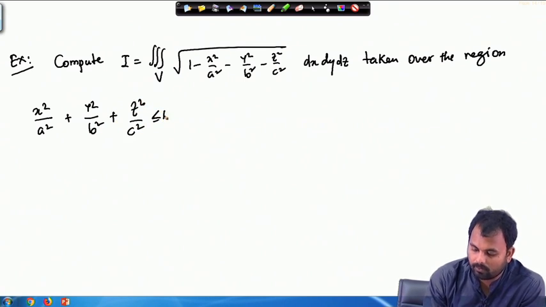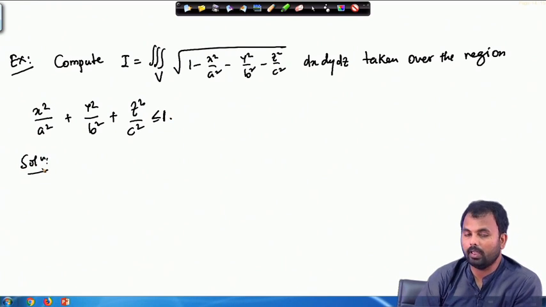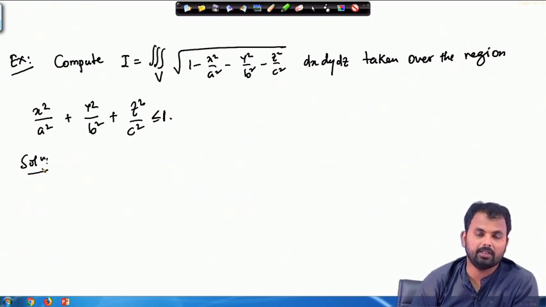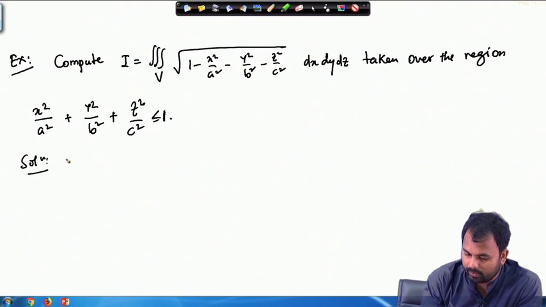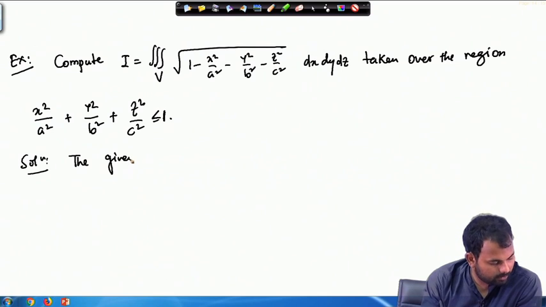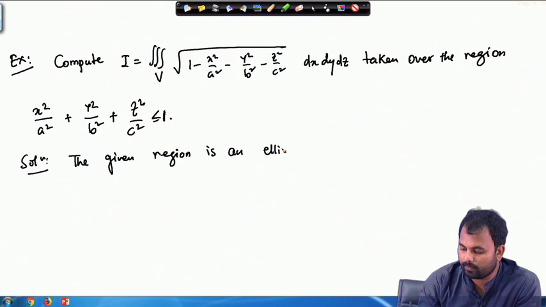All right. So, in this case we have an ellipsoid basically. Previously we had a sphere, and in this case we have an ellipsoid. So, the given region is an ellipsoid.